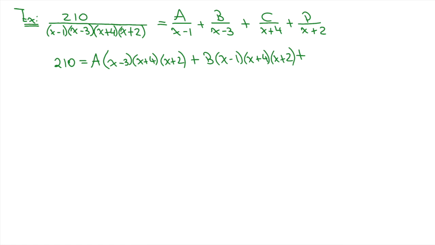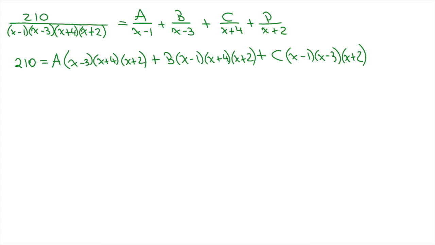Plus, now I definitely have to get rid of the rest of this. Plus C times every factor except for X plus 4. So that would be X minus 1, X minus 3, and X plus 2.